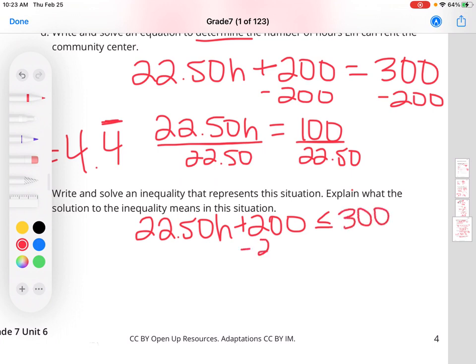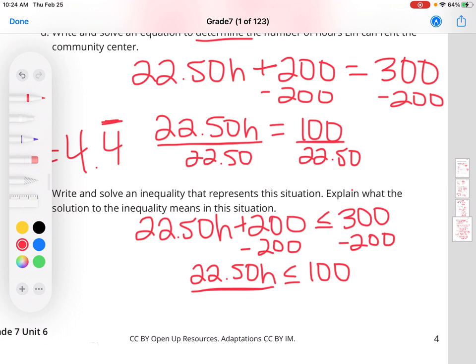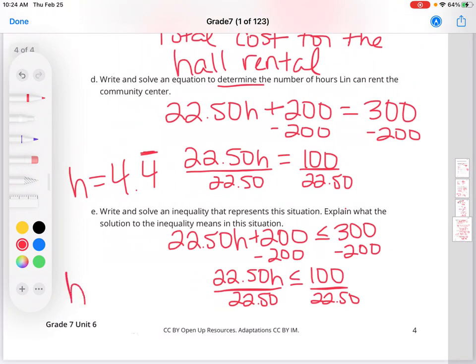So it's the exact same steps to solve. So divide both sides by $22.50. And now that tells me that my number of hours has to be less than or equal to 4.4 repeating hours.